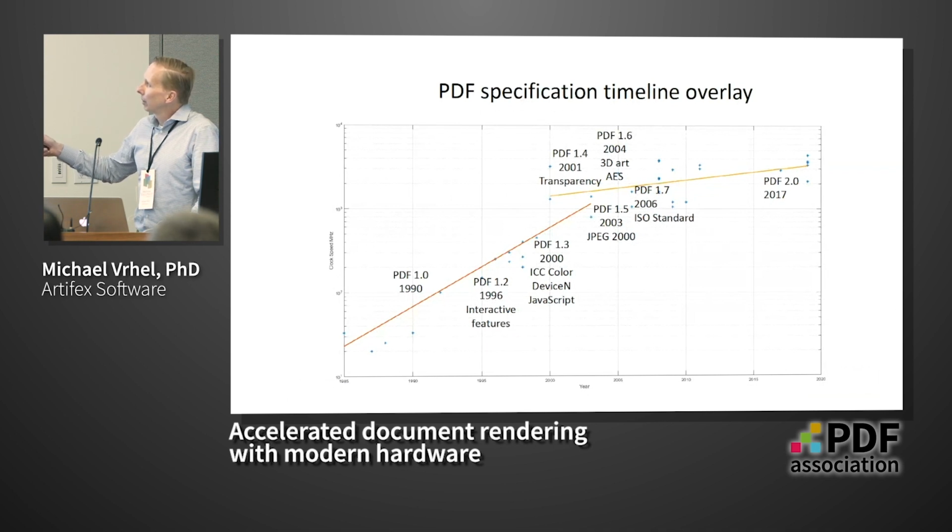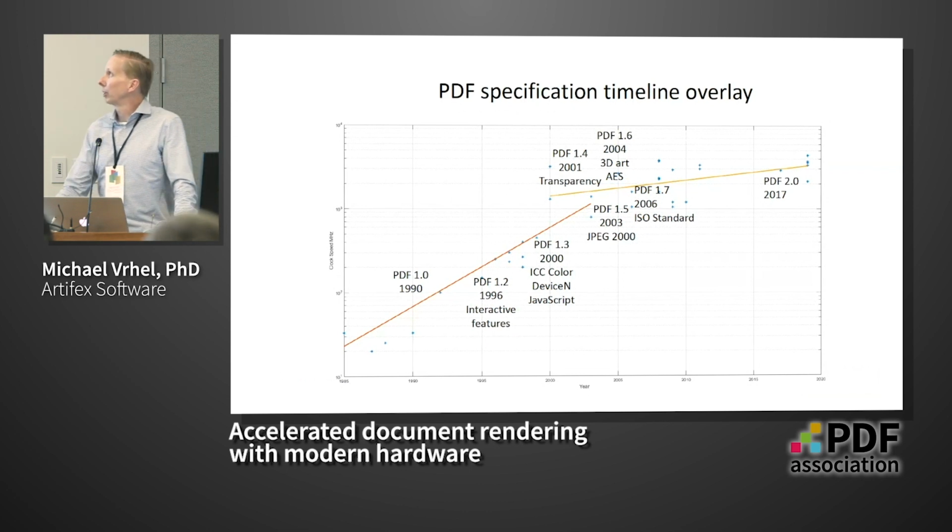The biggest, to me, computational-wise, the most expensive thing that was added to the PDF specification over this time period would have been the introduction of transparency. Transparency is an expensive operation to deal with, and since that time there haven't been a whole lot of huge things that become computationally expensive in the PDF specification.